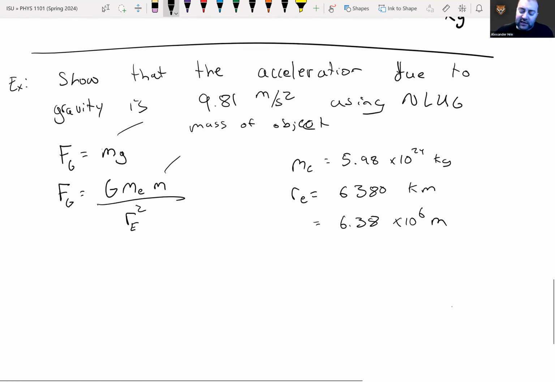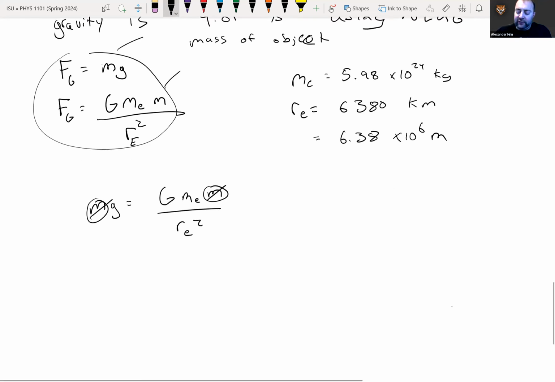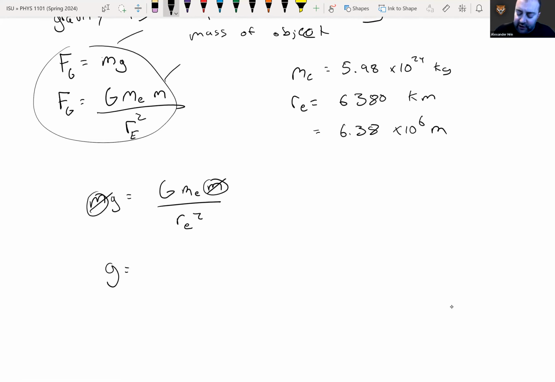Now the idea here is we should be able to set these two equal. So we should be able to say mg should end up being equal to G M_e times m over r_e squared. And what we should find is that the mass of the object should cancel. So hopefully what we're going to verify is that little g is equal to big G times the mass of the Earth over the radius of the Earth squared.